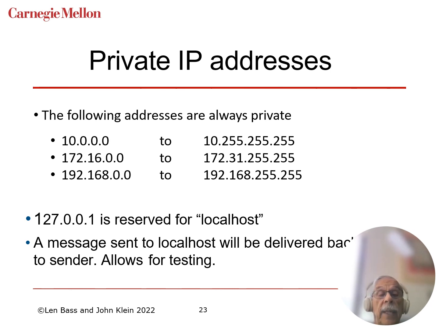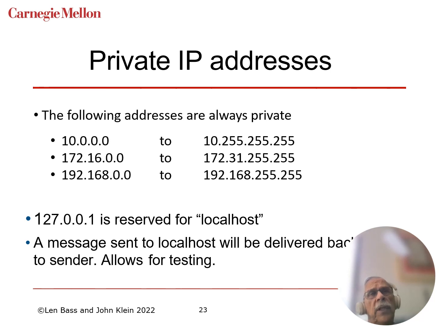127.0.0.1 is a special private address. It's reserved for what's called localhost. So if you send a message to localhost, then it gets returned to your machine as a message, and you use that for testing.